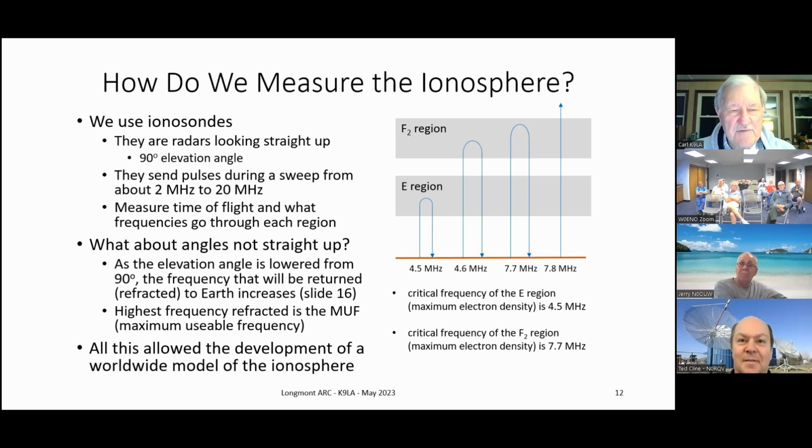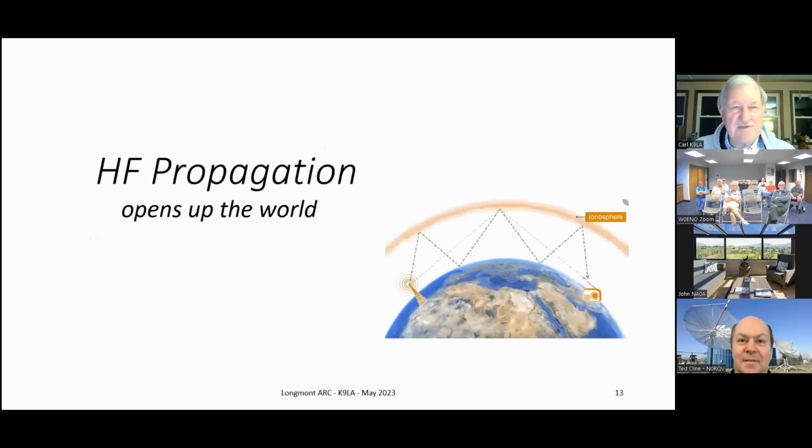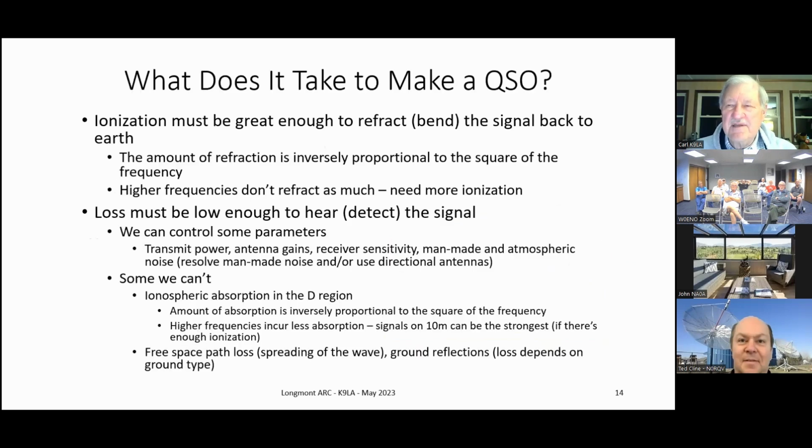But as you consider lower elevation angles, they can be refracted at a much higher frequency. So all of that translates into the development of a worldwide model of the ionosphere, which is used in our propagation predictions. So HF propagation, what does it take to make a QSO?